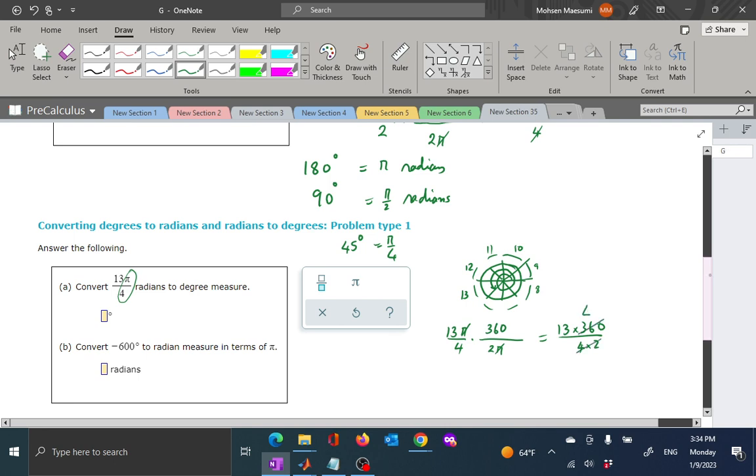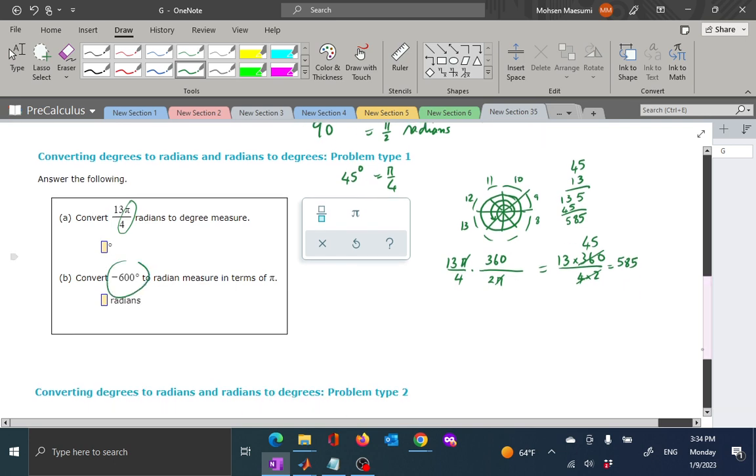Divide by that is 45. You are multiplying 13 with 45. So 45 times 13. If I'm not mistaken, 585, and so on.